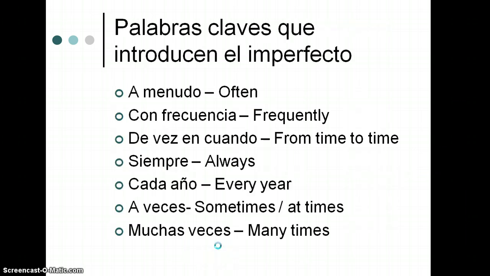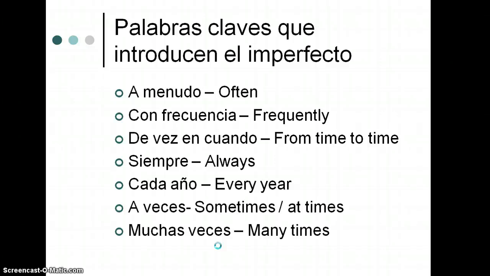Okay, let's talk about some key terms. I alluded to these last week and we copied a few down. Some palabras claves que introducen el imperfecto. These are typical expressions that we see when imperfect is used. The first one, a menudo, often. Con frecuencia, similar, frequently. De vez en cuando, from time to time.